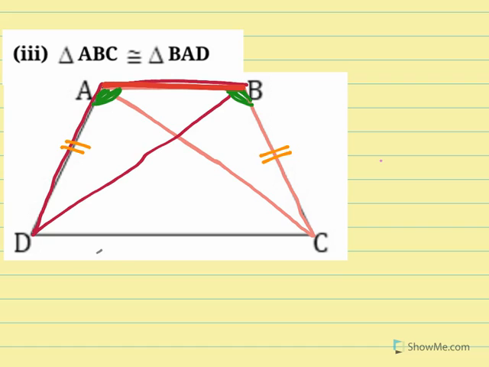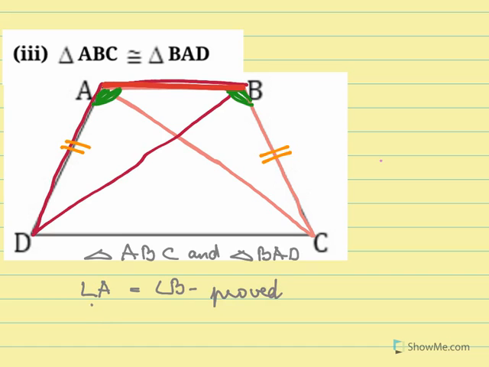So let's go ahead and write down. So in triangle ABC and triangle BAD, angle A equal to angle B, that was proved. AD equal to BC, given, and AB equal to AB, common.